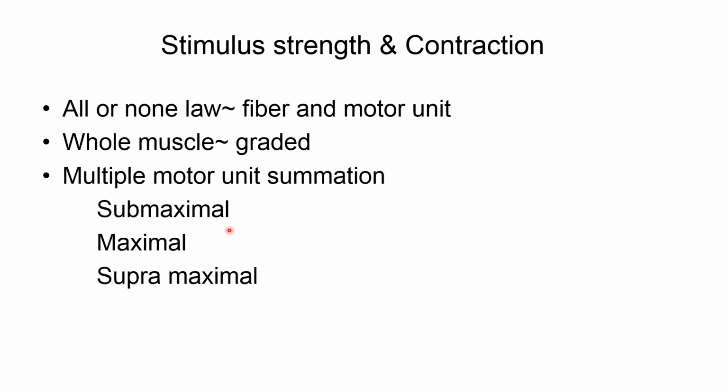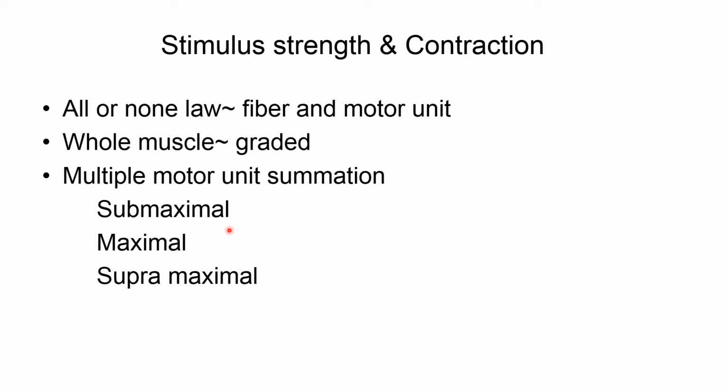When the stimulus is of threshold level, a motor unit will contract and produce a little force. When the stimulus is of sub-maximal level, then multiple motor units will be recruited and they will work. When the stimulus is of maximal level, then the maximum number of motor units will contribute.